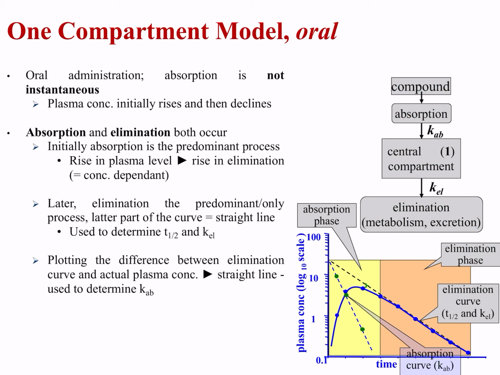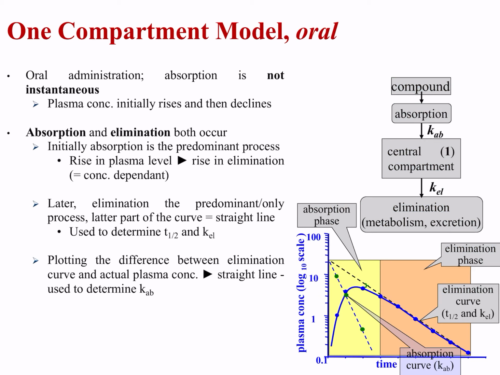It gets a bit more complicated for oral administration, as absorption is not instantaneous. As can be seen from the concentration curve, the plasma concentration initially rises and then declines. At one point, absorption and elimination both occur at the same time. Initially, absorption is the predominant process, but with the rise in plasma levels, there is a rise in elimination also, which is concentration dependent.